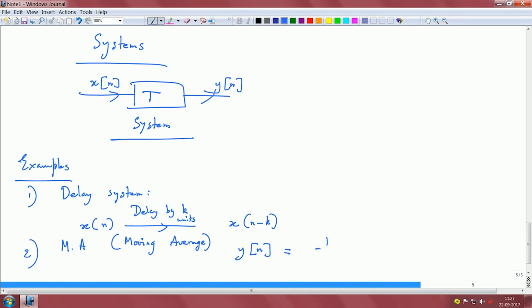The output is basically a moving average of the input over a window of m1 plus m2 plus 1 units, right. There is something in the past, there is something in the future, and I just take an average and I basically get a moving average, a running average.